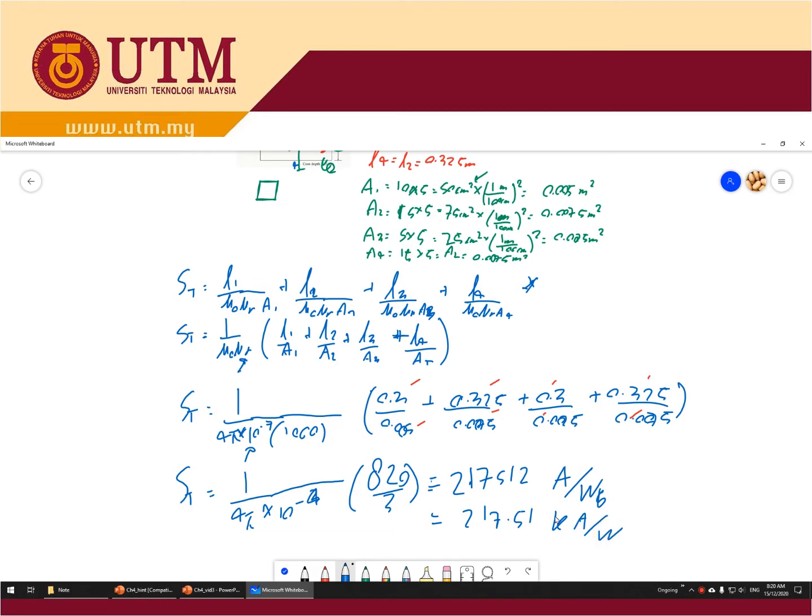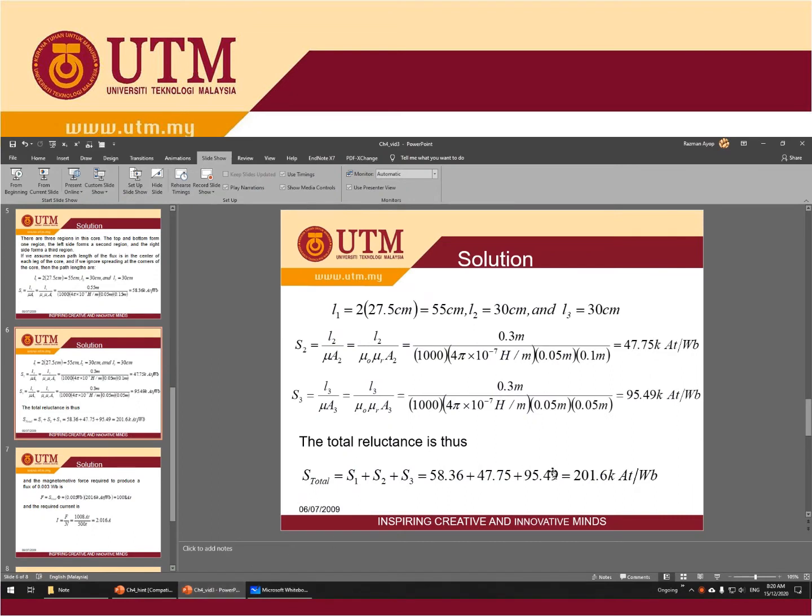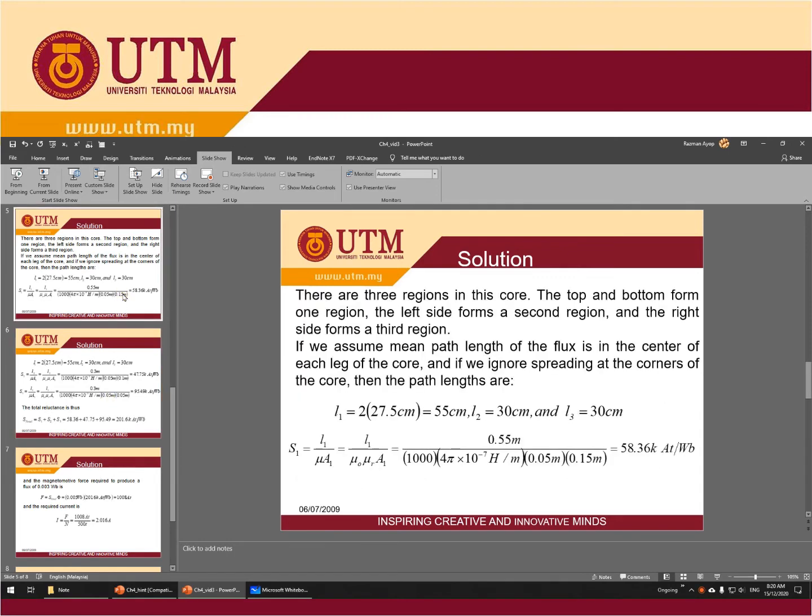Again, be careful if you use this. If you compare the answer here, it's not the same because of the method used. For this case, it calculates the impedance one by one. You can also use this approach, but it takes a lot of time because you have to calculate one by one.